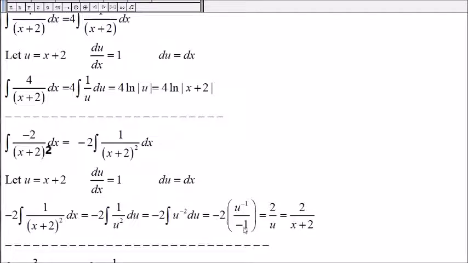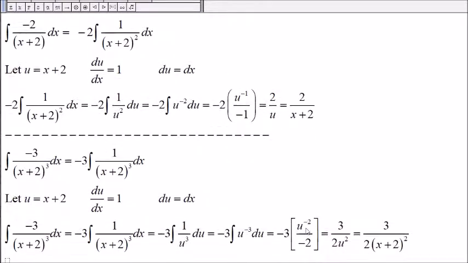Negative 2 divided by negative 1 is just 2. And then u to the negative 1, if we move it to the denominator, becomes u to the first. So we get 2 over x plus 2.